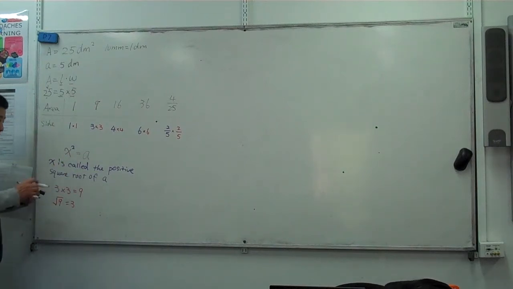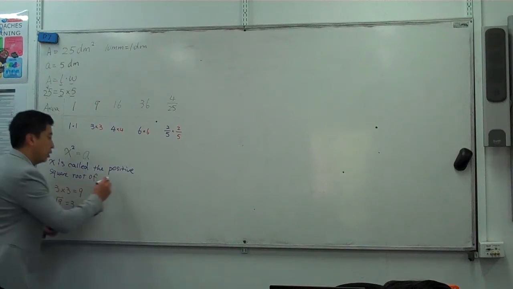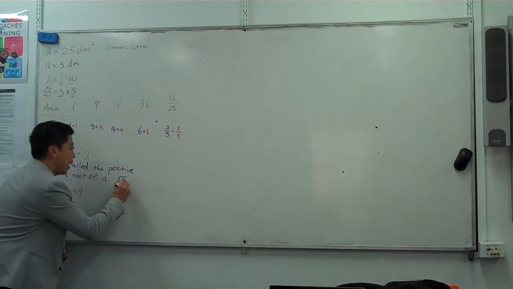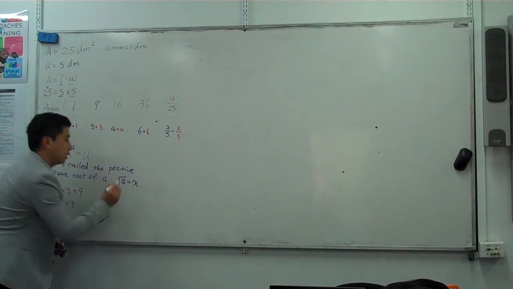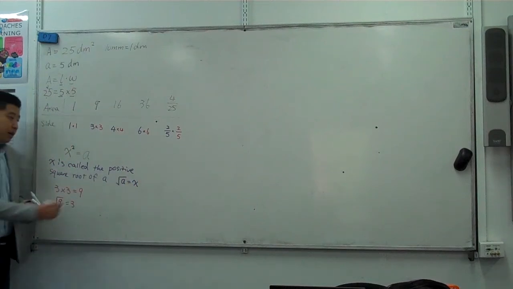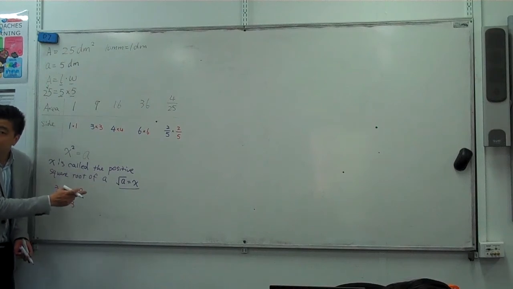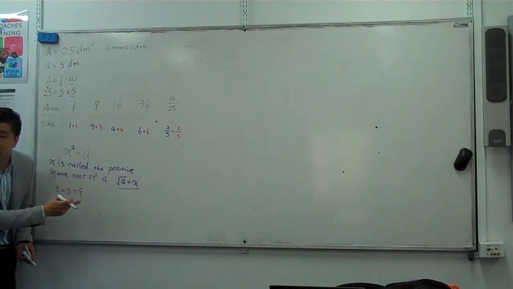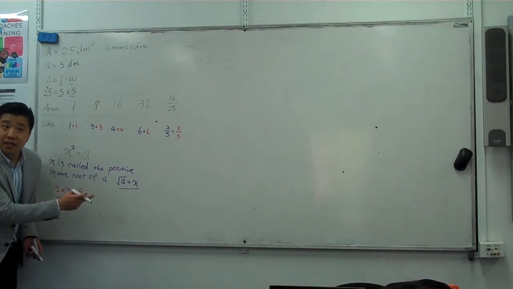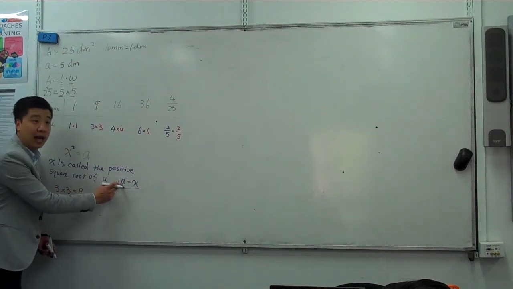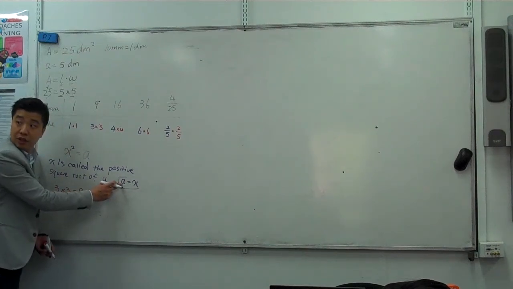Okay? Now, for this one, we write square root a equals x. I say that again. This expression means please find a number. You square this number, the answer is a. Okay?